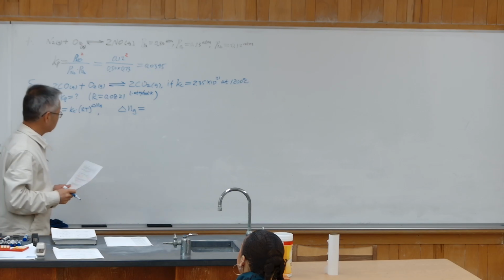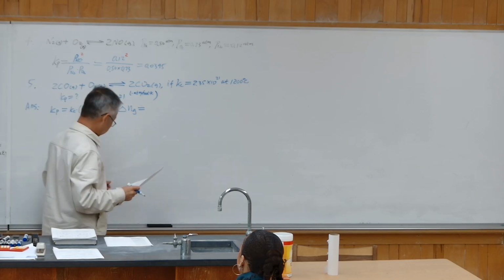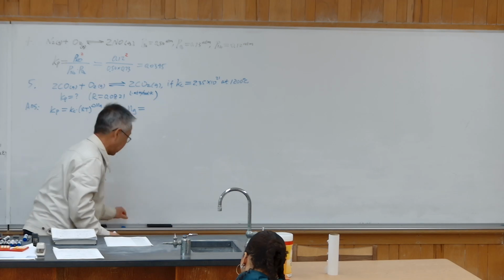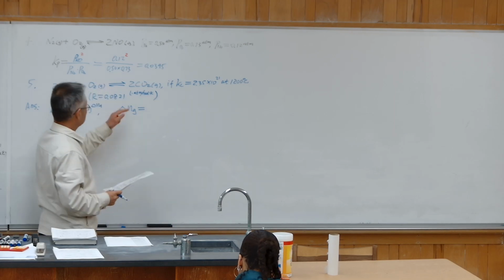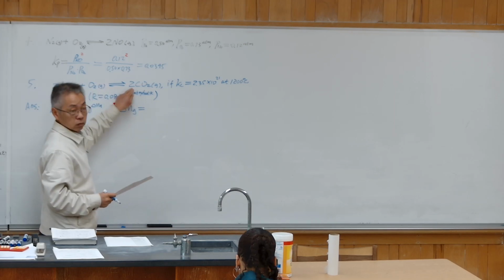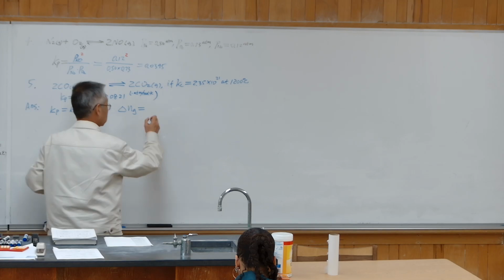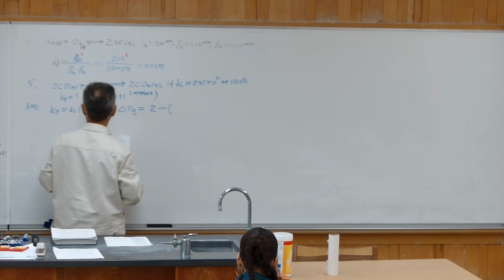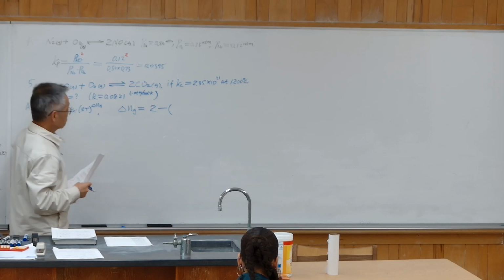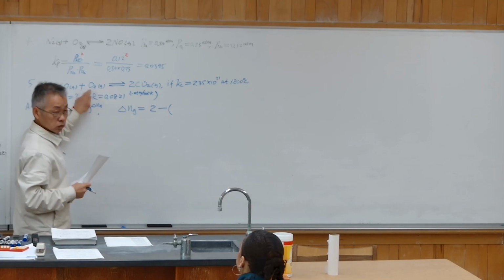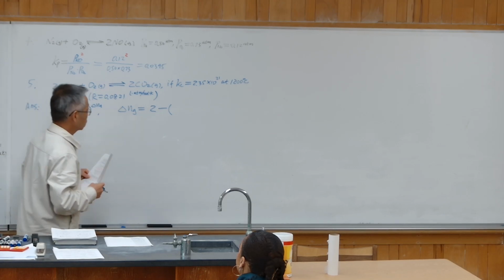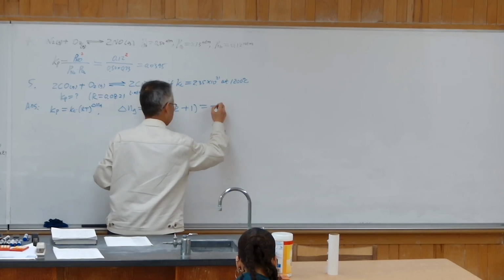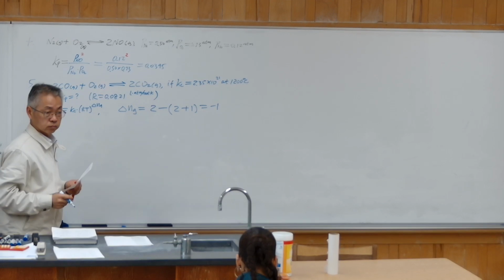Delta Ng is the difference in moles of gas between product and reactant. Product gas is 2 moles. Reactant is 2 moles CO plus 1 mole O2, since no number means 1. So 2 minus 3, this is -1.